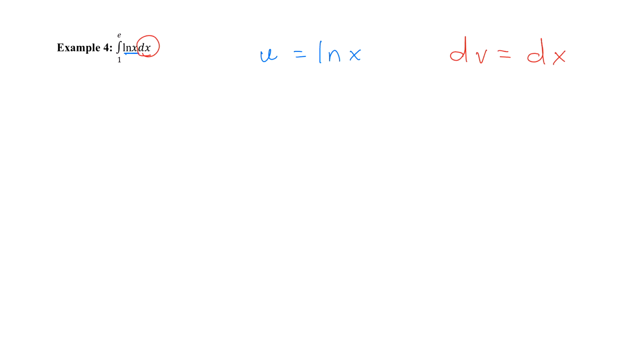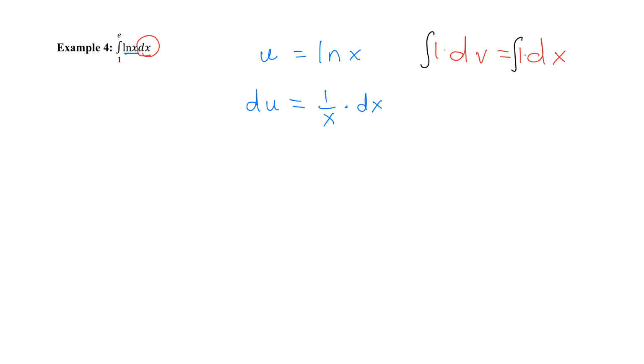So my next step is to go ahead and find du. The derivative of natural log of x is 1 over x times dx for our differential. And then, of course, over here on this right-hand side in red, I need to integrate both sides. Now, what I really have here is 1 times dv and 1 times dx.